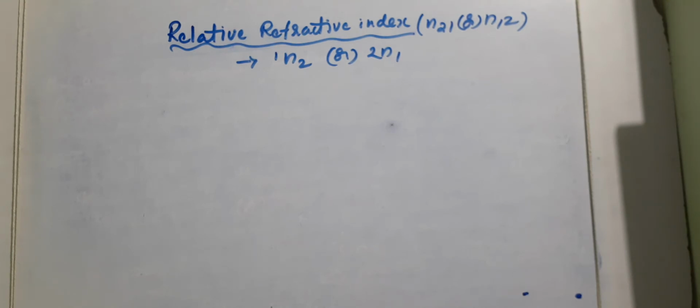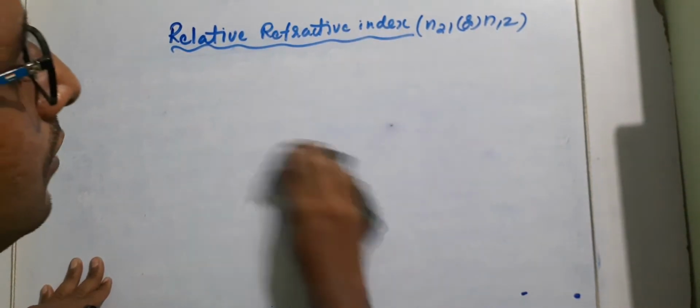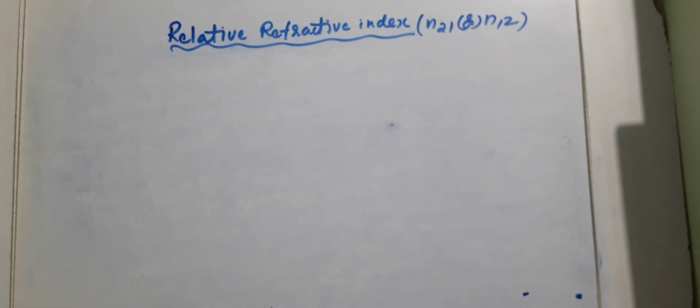In the previous videos, we explained clearly what is the medium of light, what is the denser medium, what is the rarer medium, and also what is the refractive index. Now we are going to explain relative refractive index.